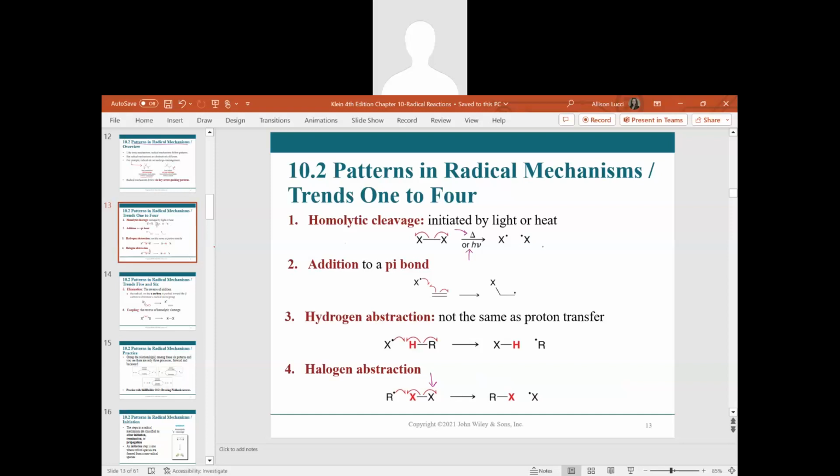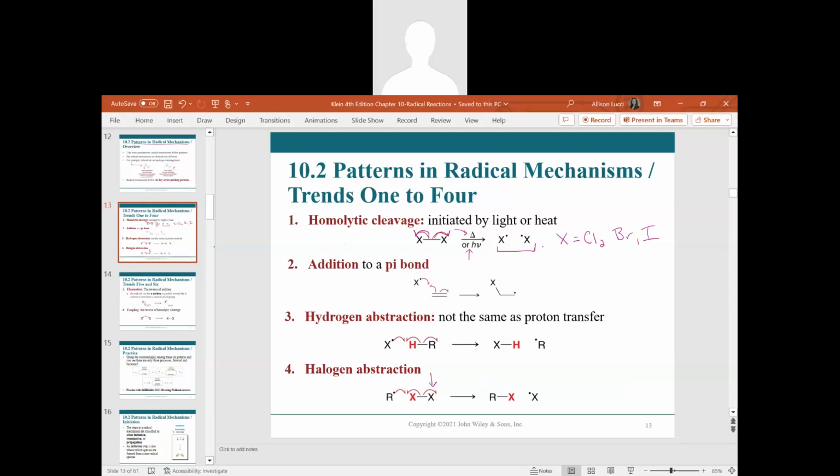That is the indicator of light breaking this bond homolytically. Once this bond has enough energy to be broken, we see one electron move to the left, one electron move to the right, and we generate our radical here. In general, an X can be used to represent halogens. So this could be Cl2, we could see bromine, iodine, any of these could be our X for these types of reactions.